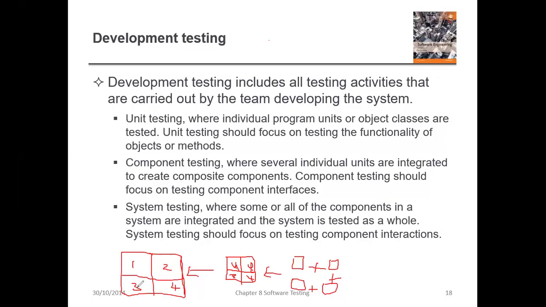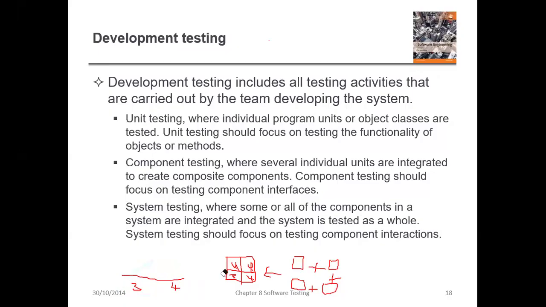So when it comes to testing the system, you need to test the interactions among the components within the system. So that is what you do when you are performing system testing.